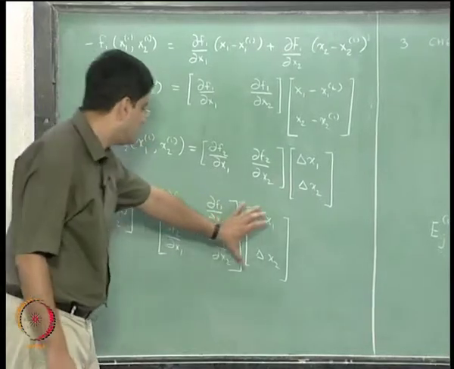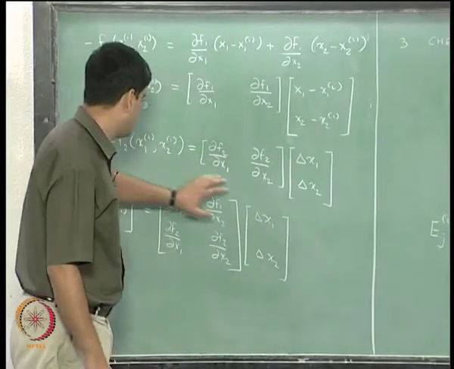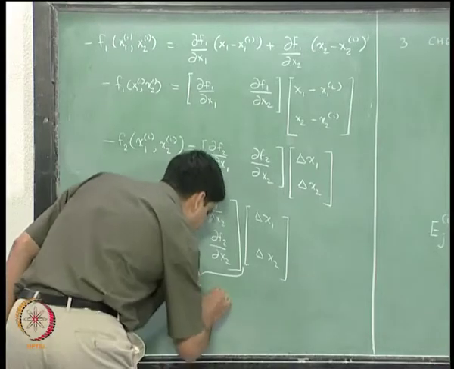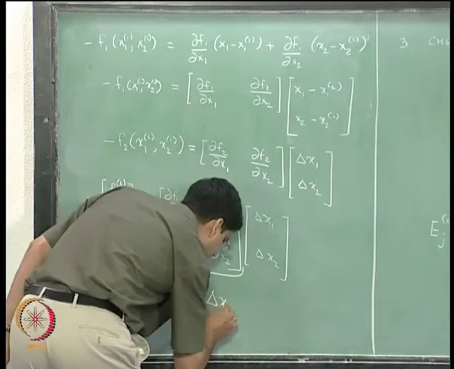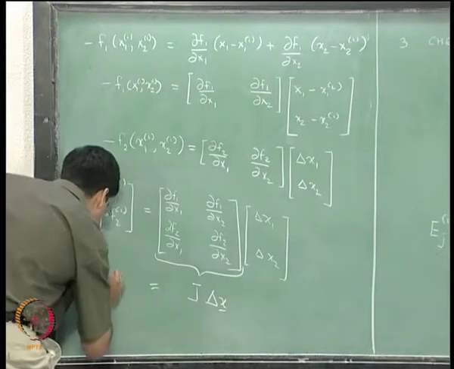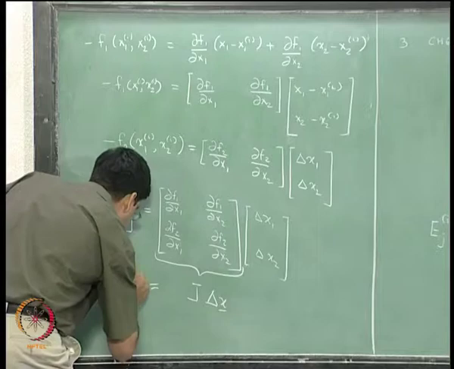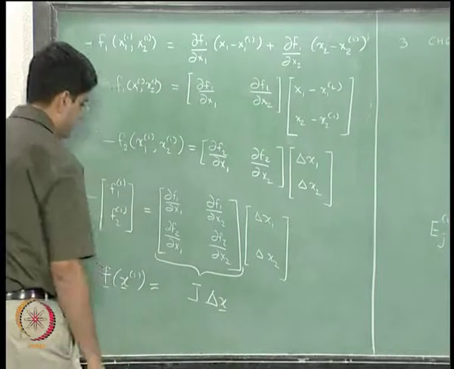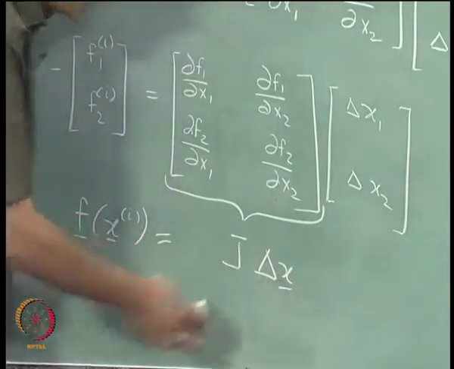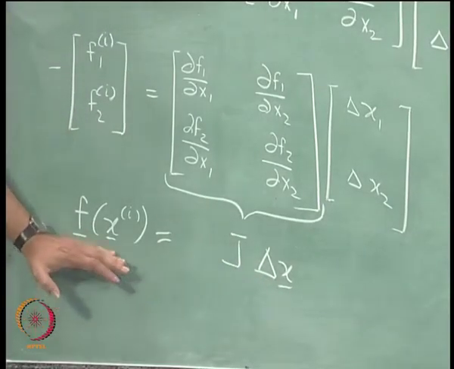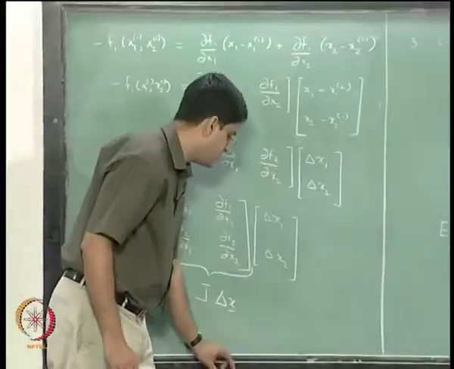Okay. So we will represent this matrix as J, multiplied by delta x bar is going to be equal to f bar computed at x bar I. Okay. So our delta x is going to be nothing but J inverse f, that is what our delta x is.